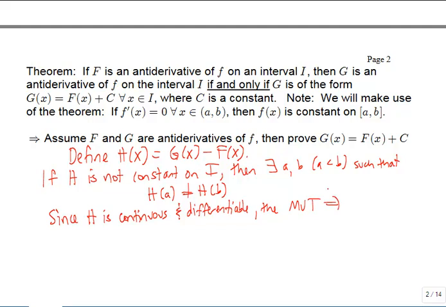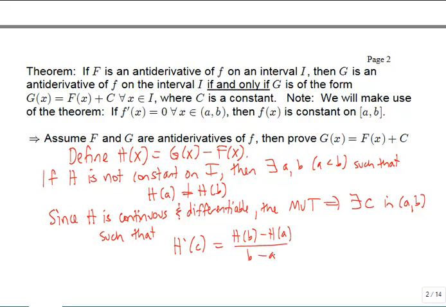The mean value theorem says that there has to exist some number c in this interval, a to b, such that the derivative at c is equal to the slope of the secant line between these two endpoints. So that would be h of b minus h of a, the change in the y's, over b minus a, the change in the x's.